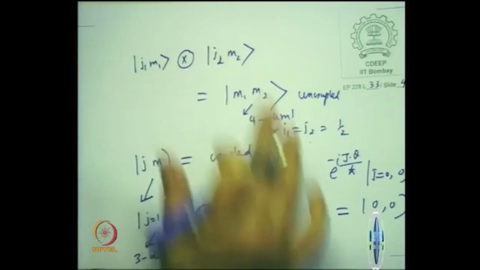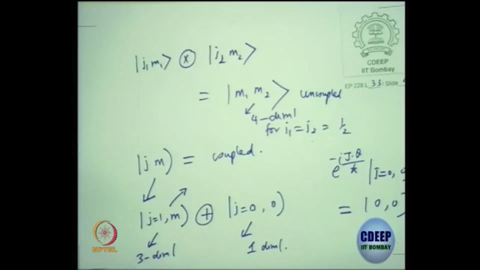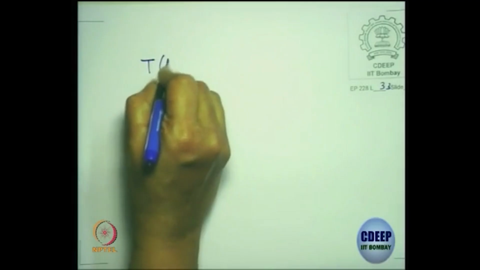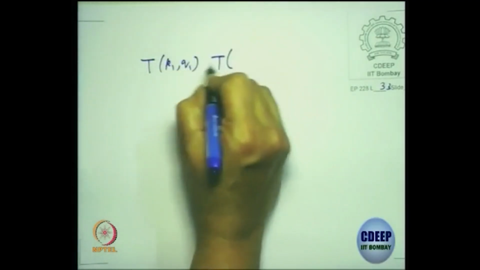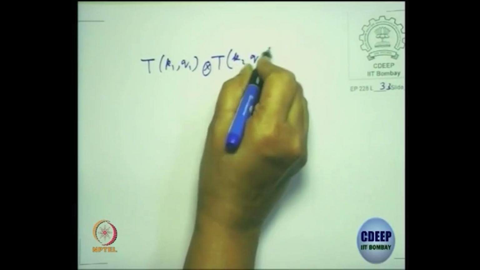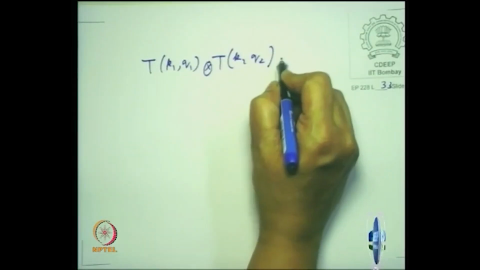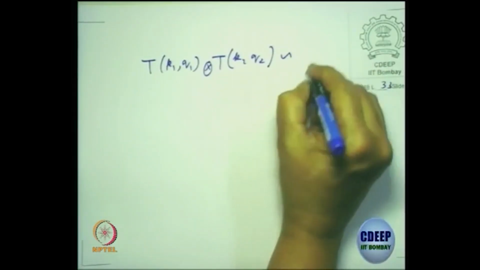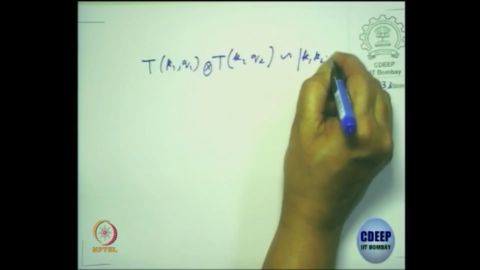Now I would like to do the same thing for operators. Okay, so this is what I was indicating in the last lecture, that if you take 2 vectors, all the operators will have only integer j's. So that's why I'm calling k and q. And so if you take T of k1 q1 and take a tensor product of T of k2 q2, this one is formally similar to, there is an analogy to k1 k2 q1 q2, the similarity.